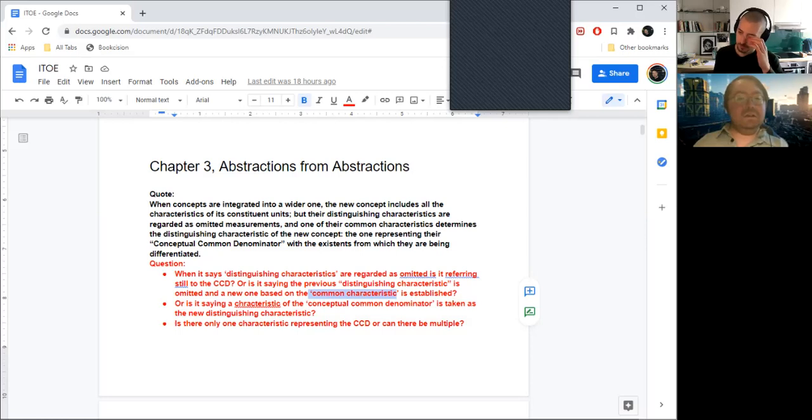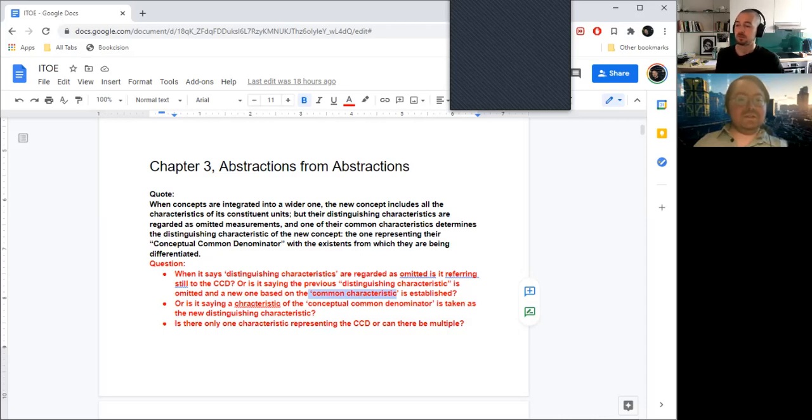Say cats meow, dogs bark, cats are small, dogs are a bit bigger, cats don't have a snout, dogs do have a snout, things like that. So the new concept would include all of those. Mammal includes all those things about dogs and cats.